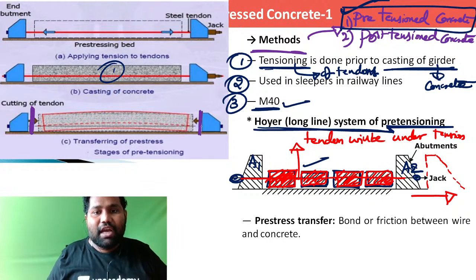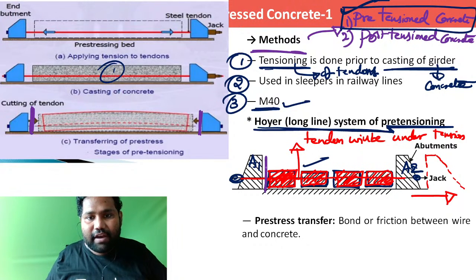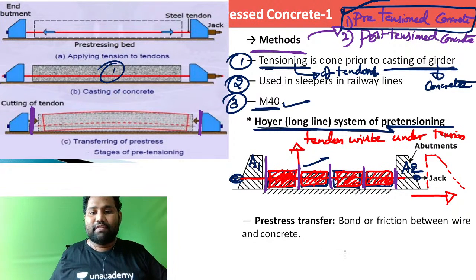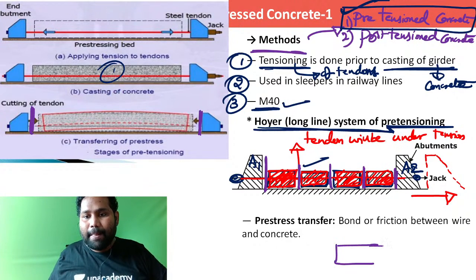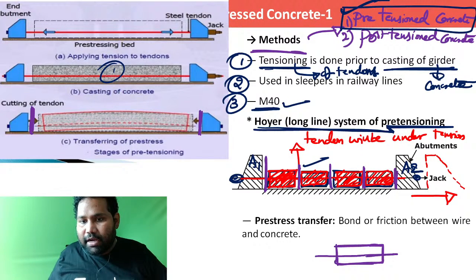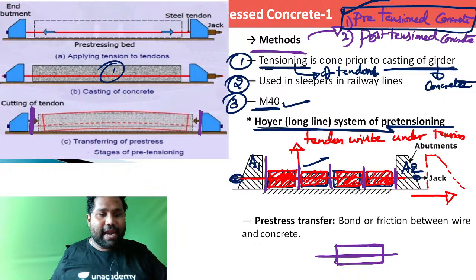If I cut the tendon, then obviously for this small railway sleeper, or for the small pre-tensioned concrete, with this tendon, this will get applied as compression force.